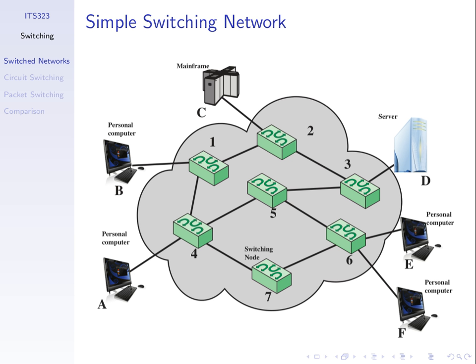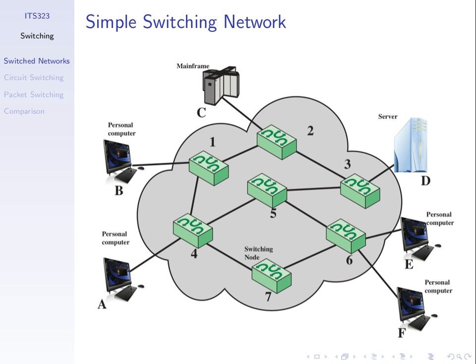We'll look at the characteristics of the switching nodes and the links shortly. Why are they called switching nodes? Because they need to choose a direction, normally, of where to send the data. Look at the paths from A to F. What's a path from A to F in this example?